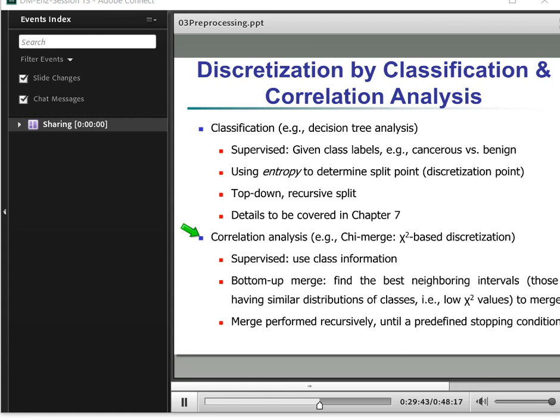Still, we are using supervised learning, but this strategy is a bottom-up strategy. The correlation analysis is a bottom-up merging system.